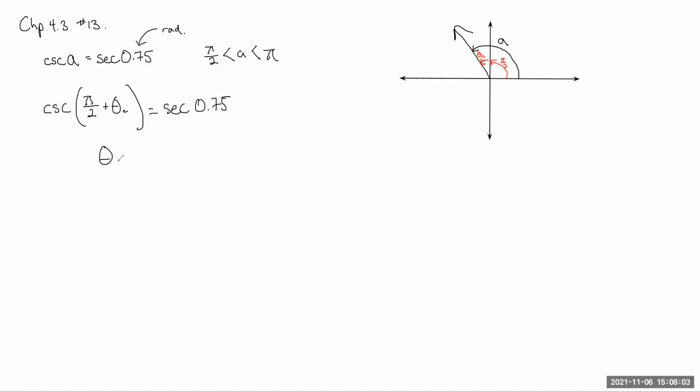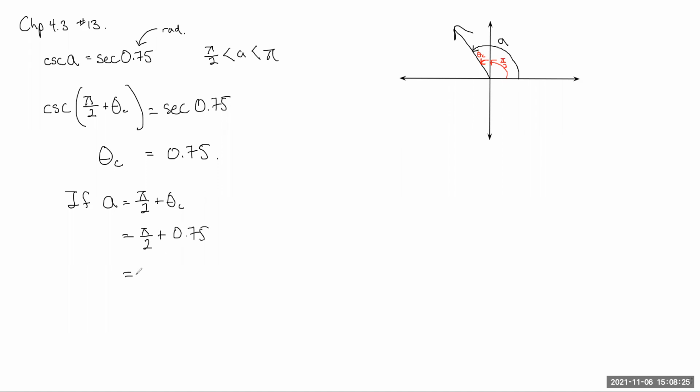Long story short, the angle that I'm dealing with here is 0.75. And therefore, if A is equal to pi over 2 plus the correlated angle, that means we have pi over 2 plus 0.75.